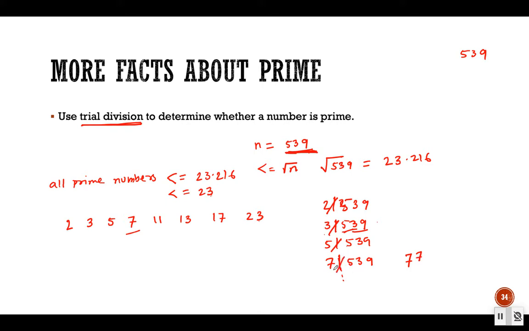So 7 actually divides 539, and the quotient, the result, is 77. So here we can see that there is a prime divisor. So 539 has a divisor other than 1 and 539 itself, so that's not a prime number.